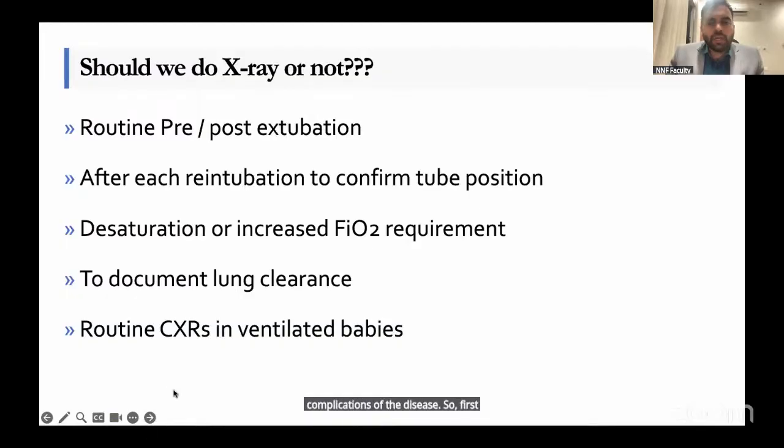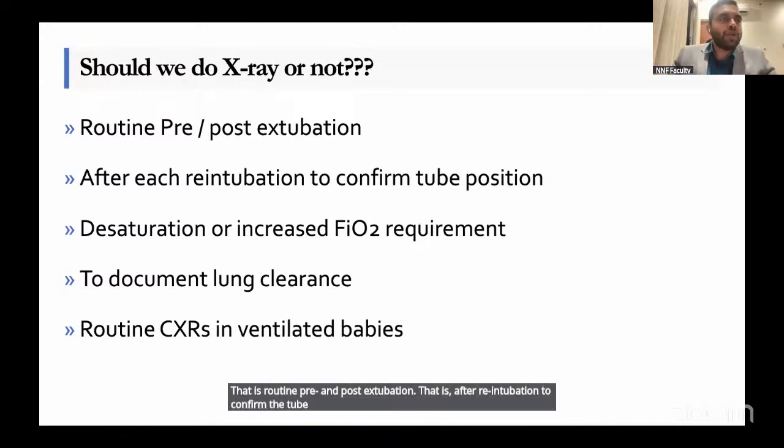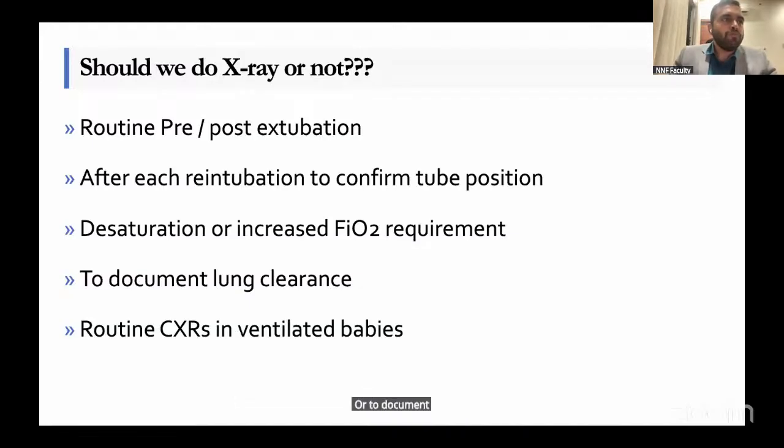First, I would like to see whether, in these scenarios, we need to do an X-ray or not. That is, routine pre and post extubation, after re-intubation to confirm the tube position, as well as desaturation or increased FiO2 requirement, or to document lung clearance. In all these scenarios, do we need to do an X-ray or not?